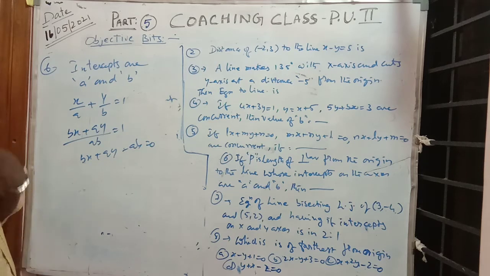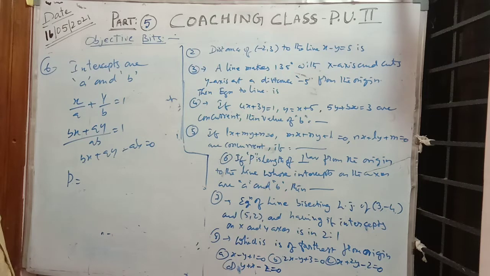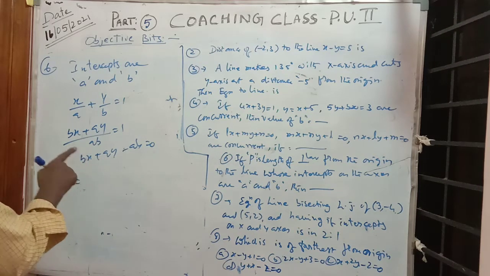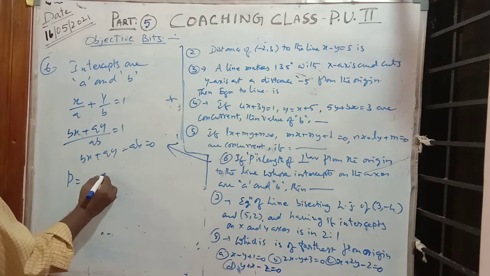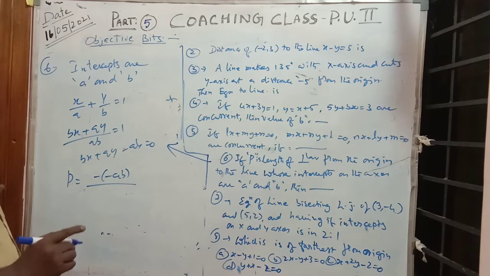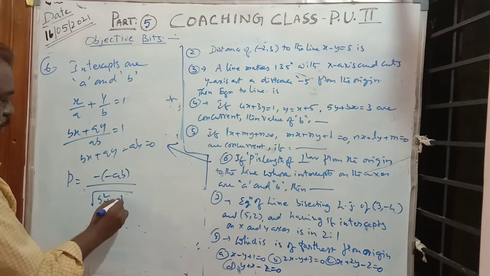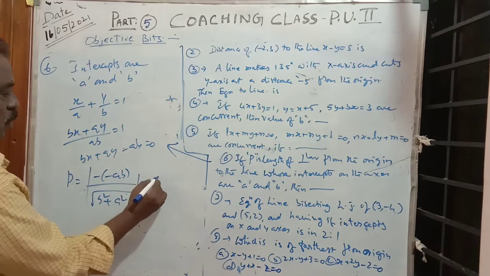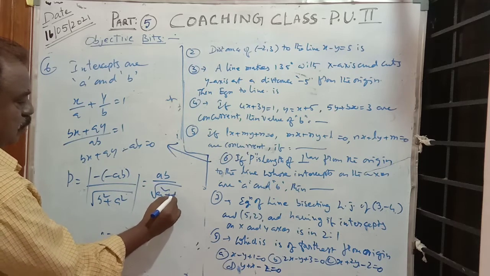Now P is the length of the perpendicular from the origin to the above line. So it is minus of minus AB, the formula is there: minus C by root of A square plus B square. It is root of B square plus A square. So it is AB by root of A square plus B square.